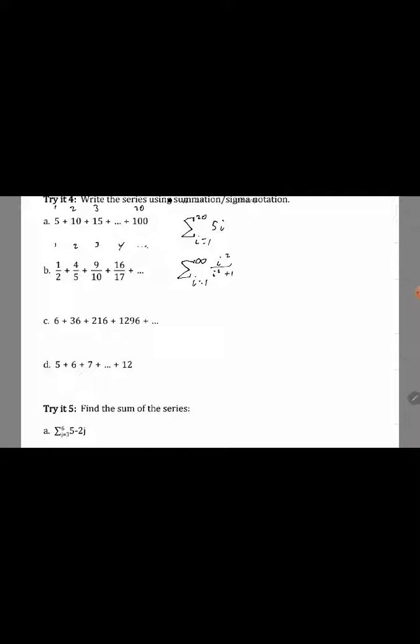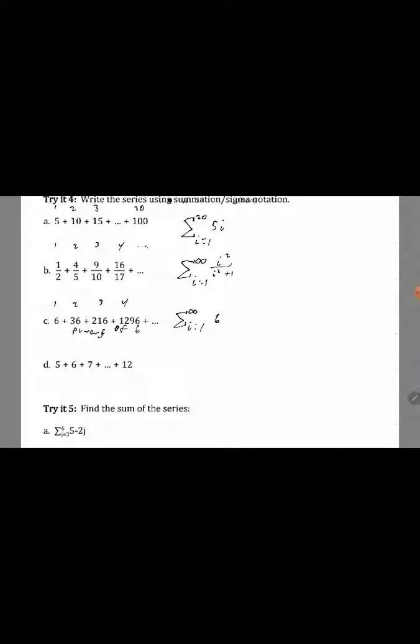So, right here, part C, you've got 6, 36, 216, 1296. These look like powers of 6 to me. So if I plug in 1, I'll get 6. If I plug in 2, I'll get 36, 3, 4. So we have sigma notation going on to infinity, starting at 1. This is 6 to the i.